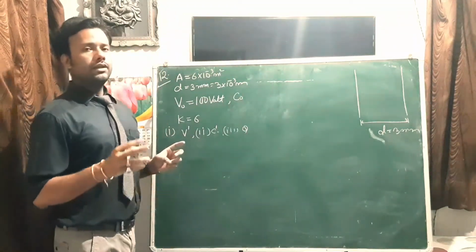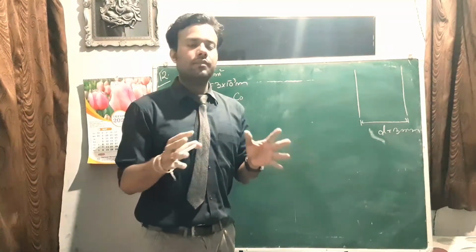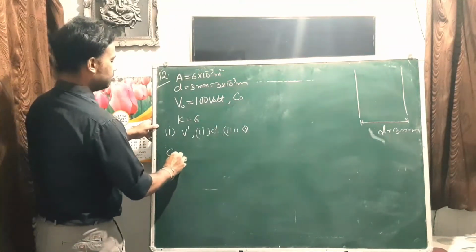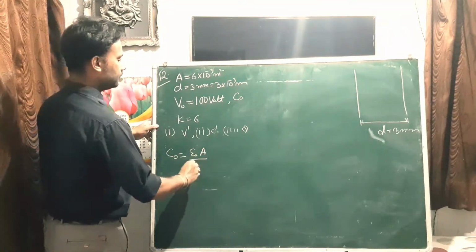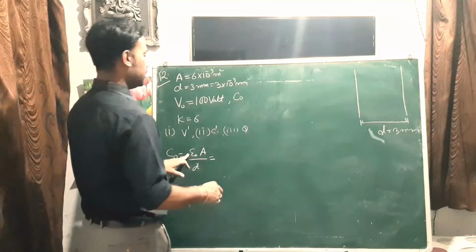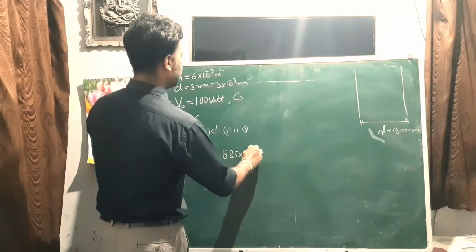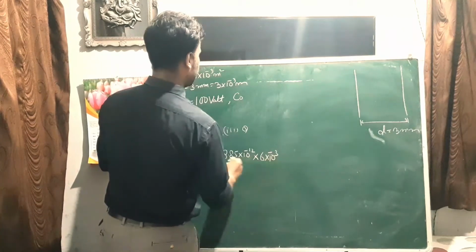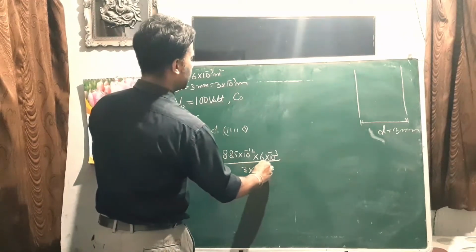First, find out the C0, that means the capacitance of this capacitor while there is air between the plates. That means there is no dielectric medium between the plates. So C0 will be epsilon naught A upon D, right? Epsilon naught is 8.85 into 10 to the power minus 12, area is 6 into 10 to the power minus 3, and D is 3 into 10 to the power minus 3.